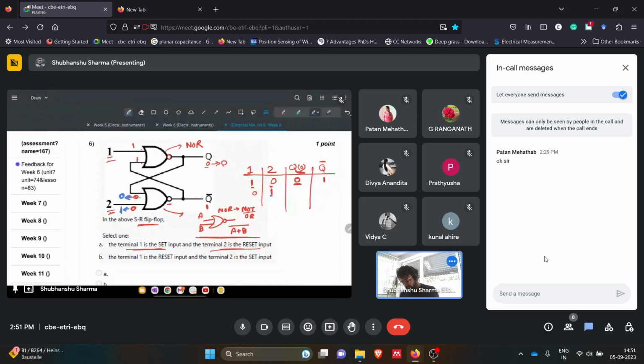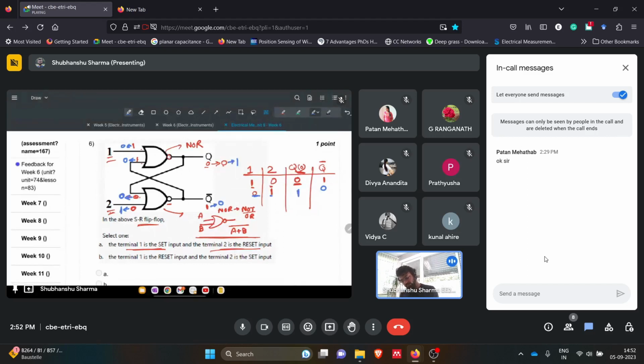So 1 plus 0 will be 1, but since it is a NOR gate, it will ultimately be 0. So we get 0 here at Q bar. Now this 0 will go here, and this was 0 here, so 0 plus 0 will be 0, but because it is a NOR gate, it will be 1 here.